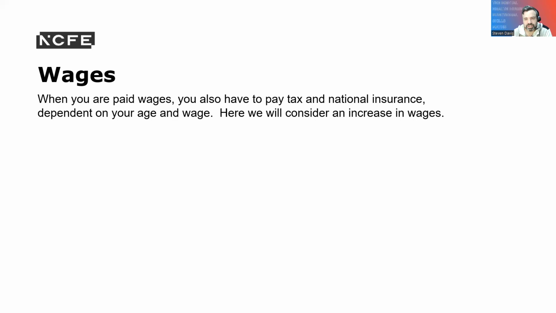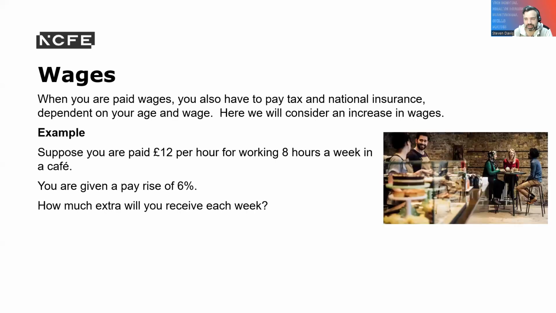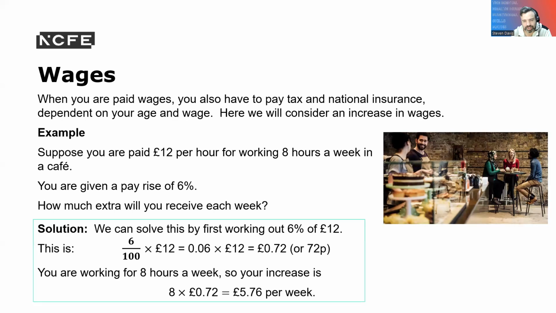So wages. When wages are paid, you also have to pay tax and national insurance depending on your age and wage. Here's how we consider the rates. Suppose you get paid £12 an hour. You're working 8 hours a week in a cafe. You're given a pay rise of 6%. How much will you receive? So we can work that out here. 6 divided by 100 is 0.06, times that by £12.